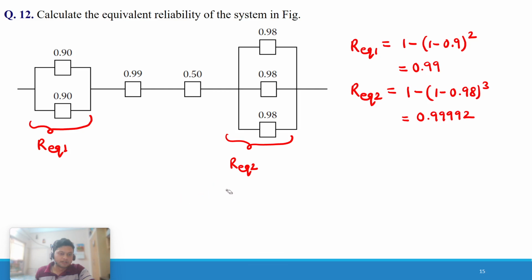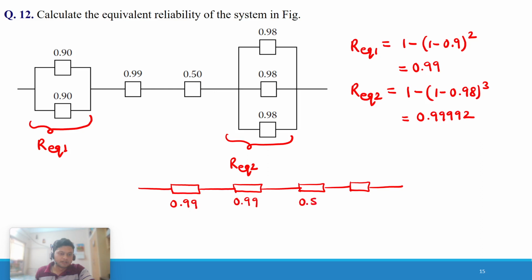I just want to make one step also. So for series combination, the whole system will look like this. There are 4 series components, and each has reliability 0.99. This is 0.99, and this is 0.50, and this is 0.9992.